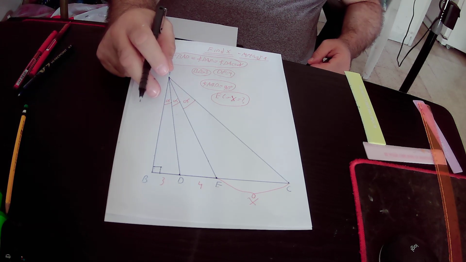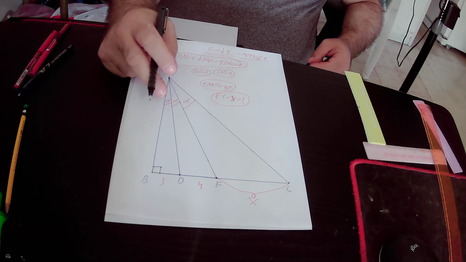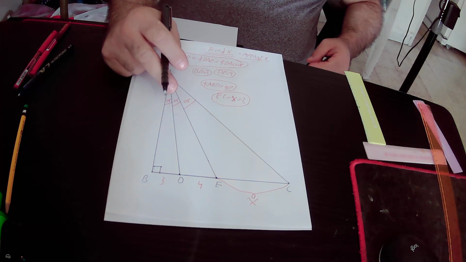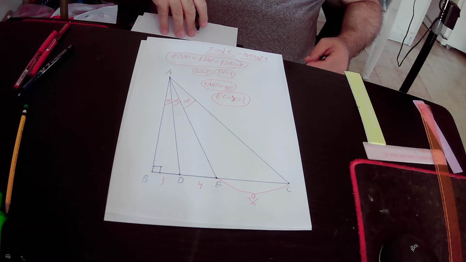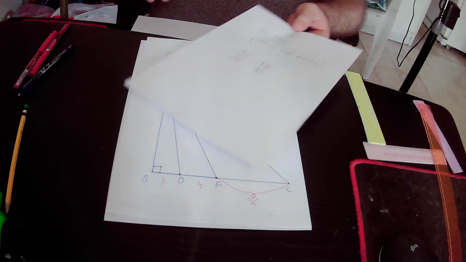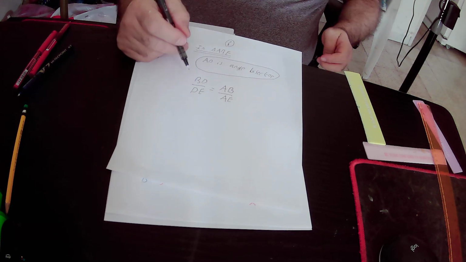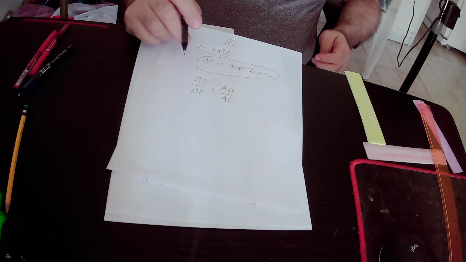The ratio between the angle legs is AB over AE. So we got that BD over DE equals AB over AE.